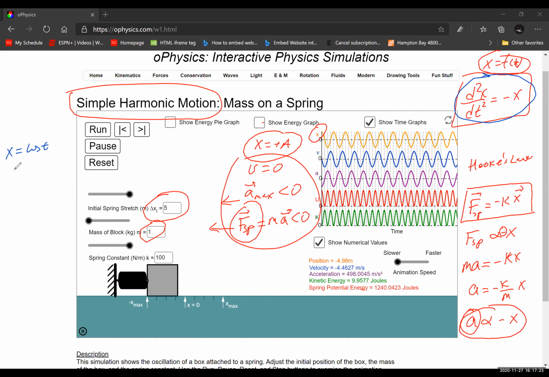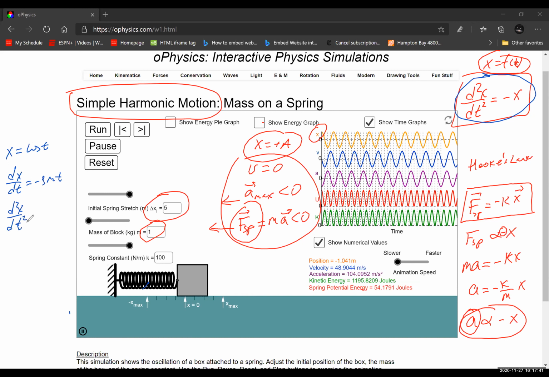Then if I take the derivative of that once, dx/dt, the derivative of cosine is negative sine. Hopefully you guys remember that. So it's negative sine. Then I take the derivative a second time.